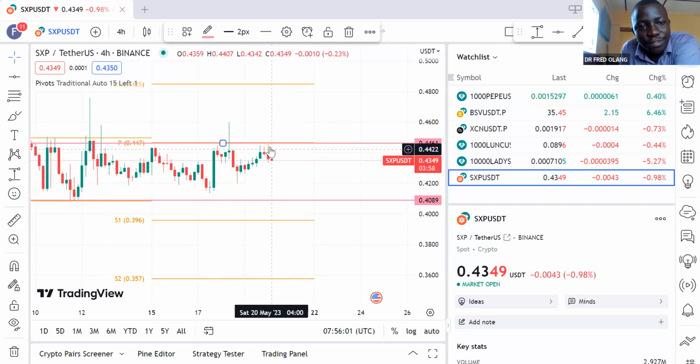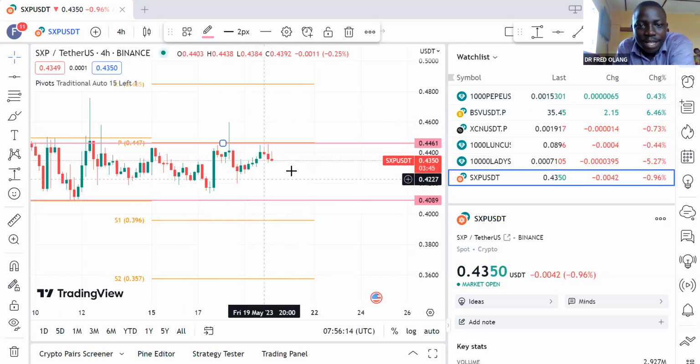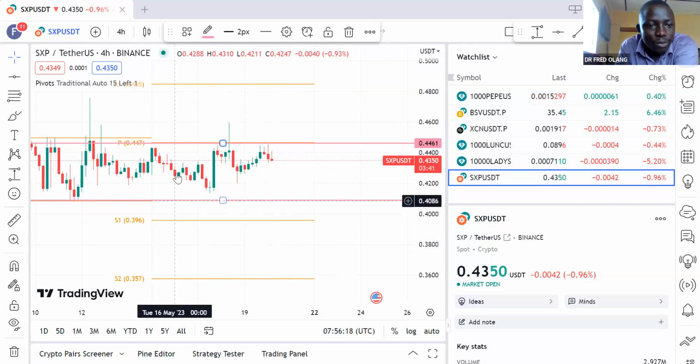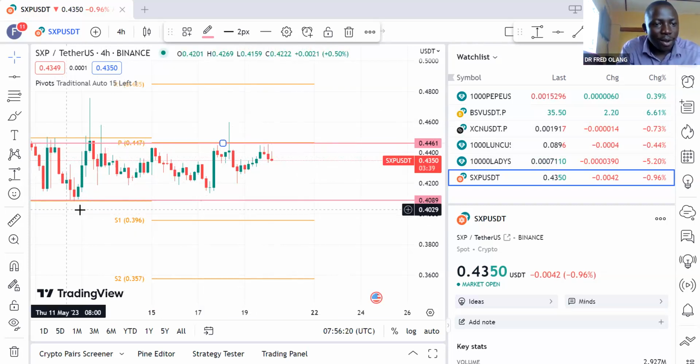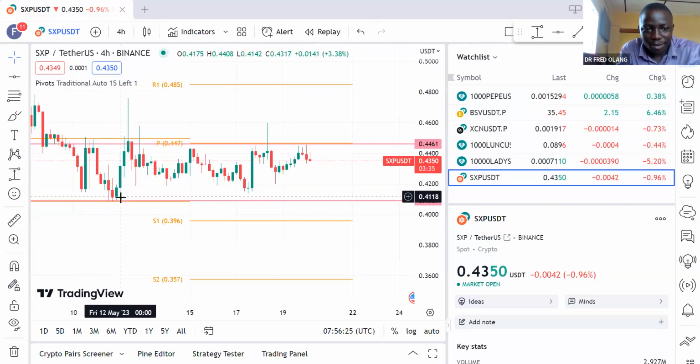I think in the last 4 hours, because I'm looking at the 4-hour chart, we tried to go there and then we were rejected. That means there are higher chances of this market coming back. So I wait and see what happens when we come back this side. We were rejected, then we came back to this very point.